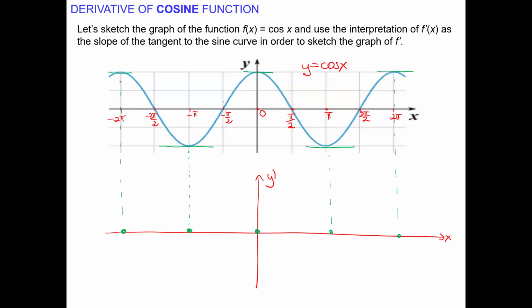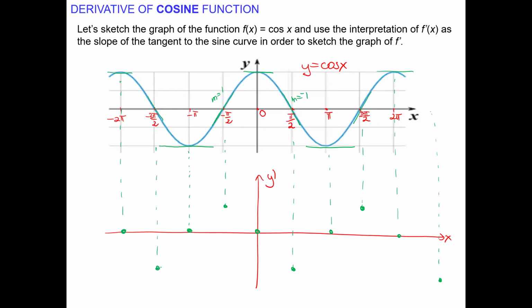Now we know that that slope is 1, then value of the derivative 1. Slope negative 1, value of the derivative negative 1. And so on. 1, and this will be negative 1.